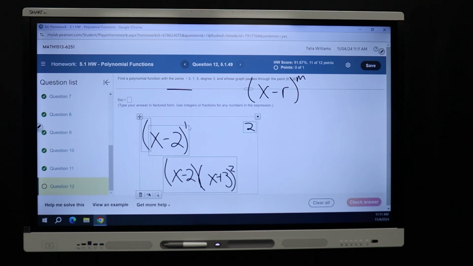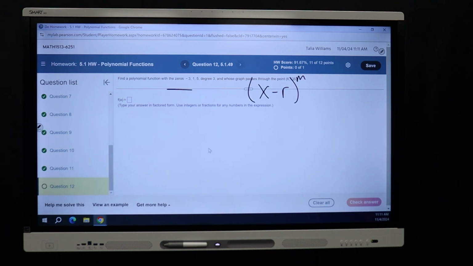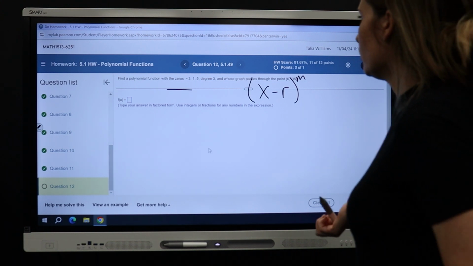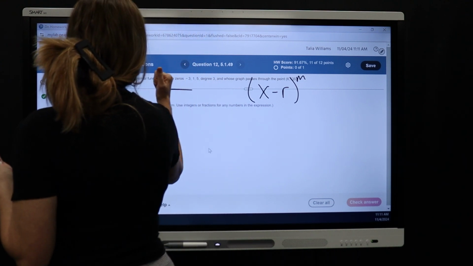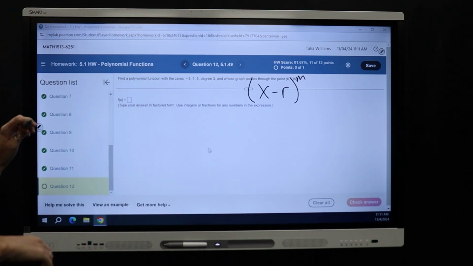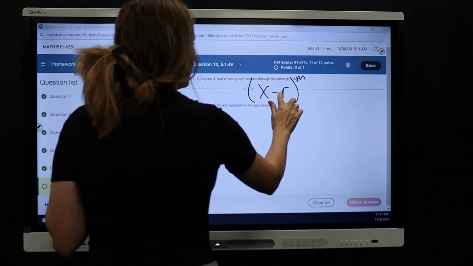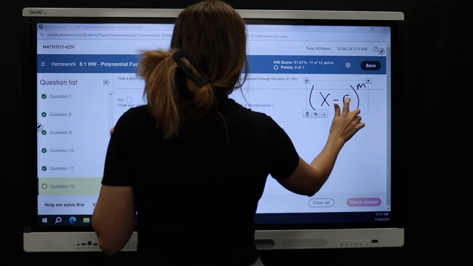Something different, something new. Let's see what we got here. Find a polynomial function with the zeros negative 3, 1, and 5, degree 3, whose graph passes through the point 6, 135. Isn't that 135? Okay.